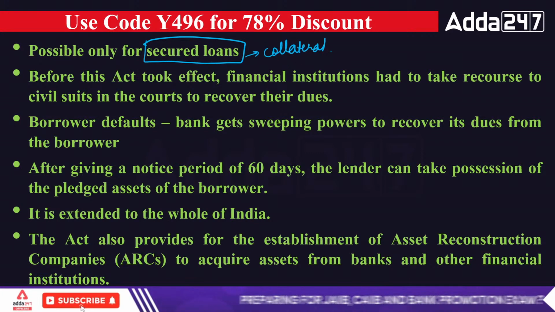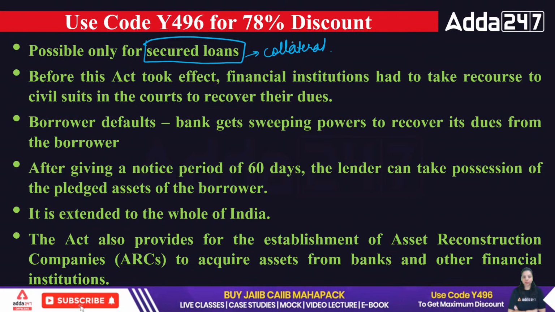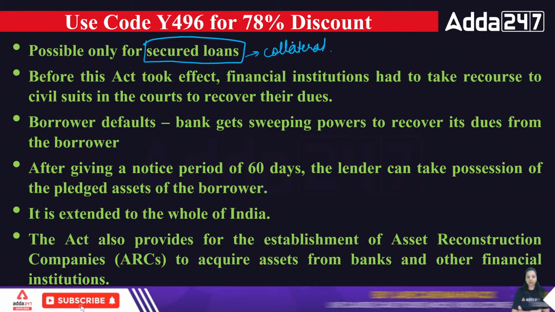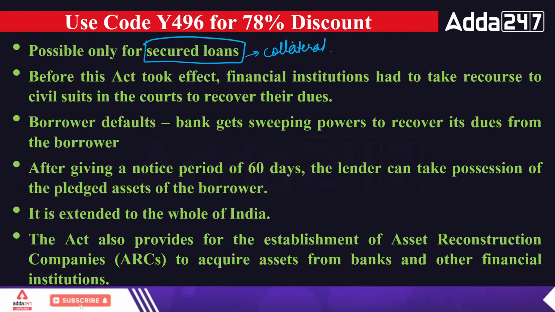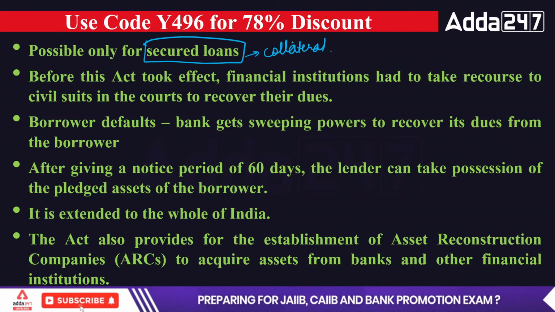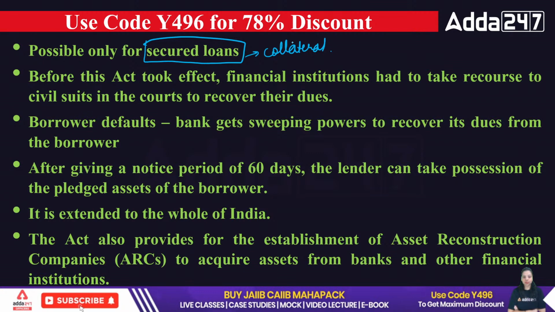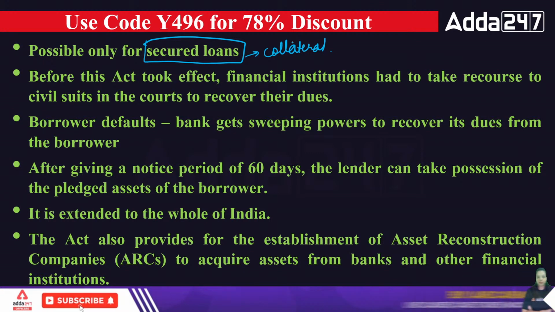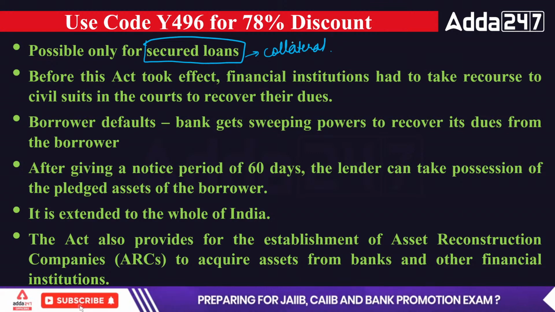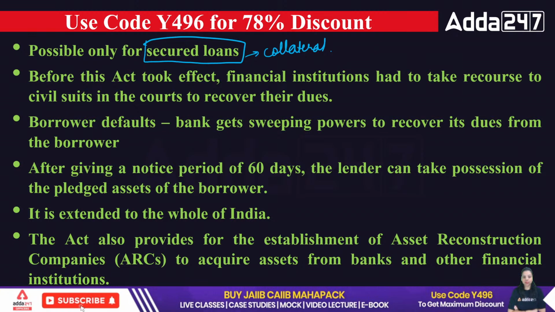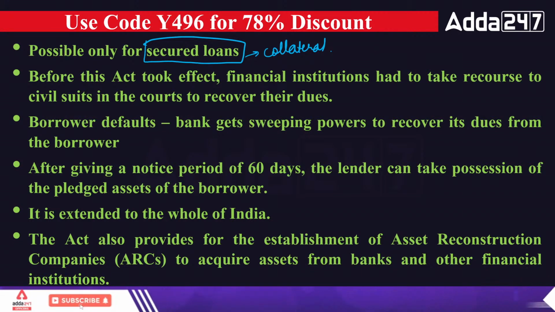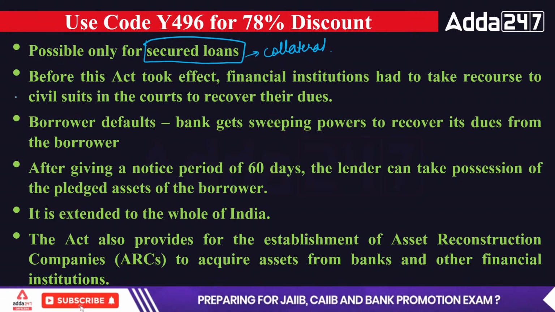There are two types of loans: secured and unsecured. Secured loans are those in which the bank has provided a loan to the customer and has taken a certain security on that loan. Unsecured loans are loans in which a collateral-free loan has been given to the customer. So only the secured loan, where you have taken collateral, will be used here. That will be recovered here.